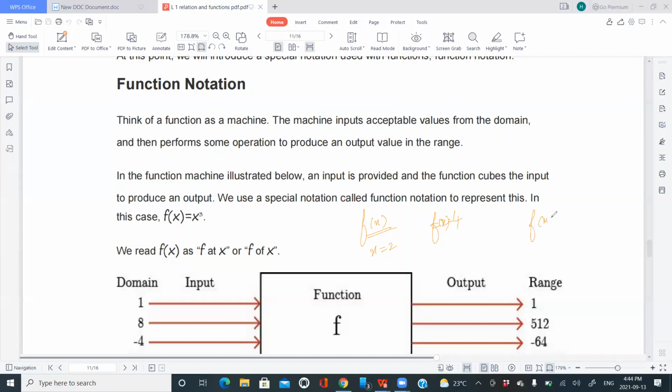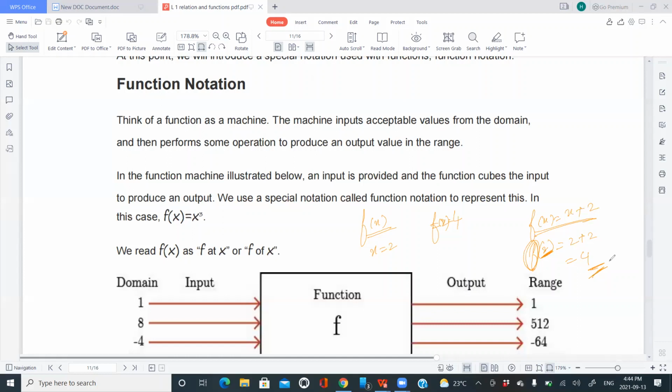Let's say my function is f(x) = x + 2. Now in this x + 2, if I plug 2 in place of x, 2 + 2, I get 4, right? That means after plugging 2 in place of x, I got 4. So the value of the function at x equal to 2 is 4.